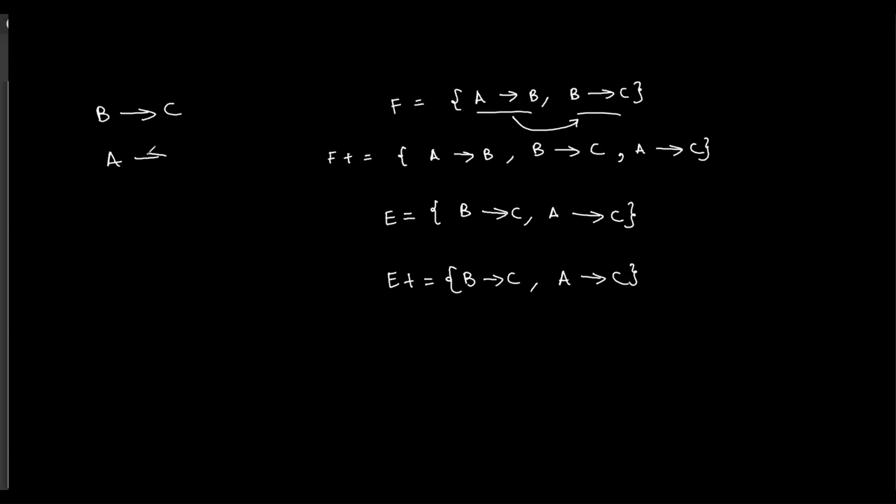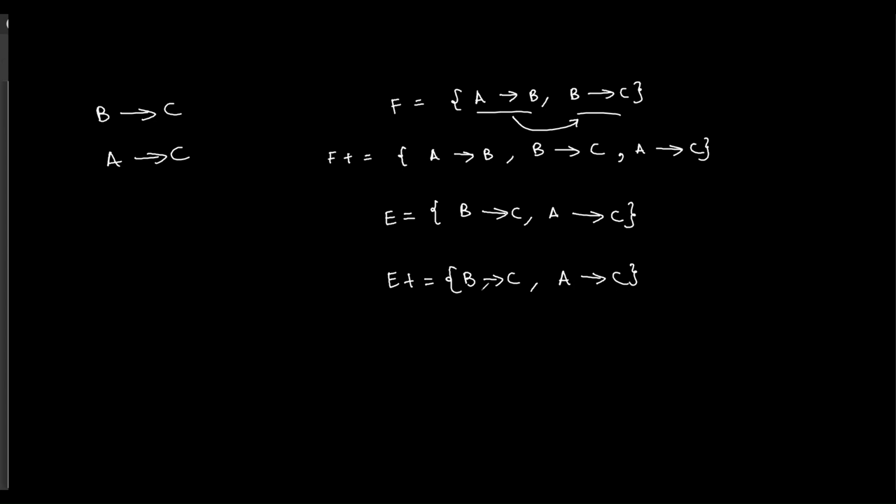Do we have any other application? Transitivity, obviously there is no transitivity, and we don't have any decomposition. We can have union, but union has nothing to do with this. And we have pseudo transitivity. Do we have pseudo transitivity? No. So we can't derive anything from this.